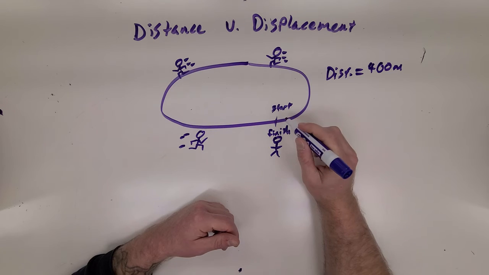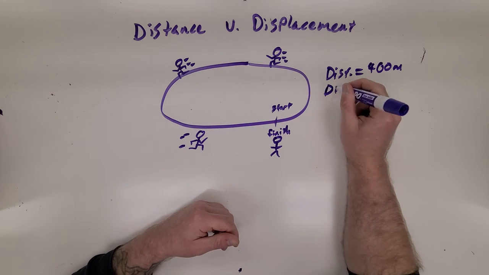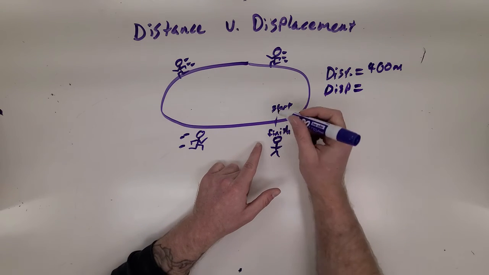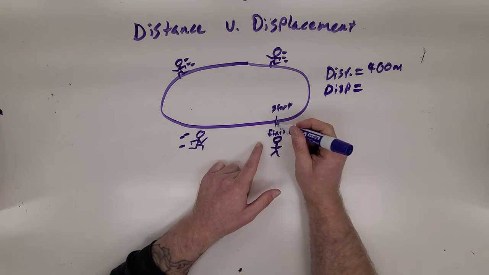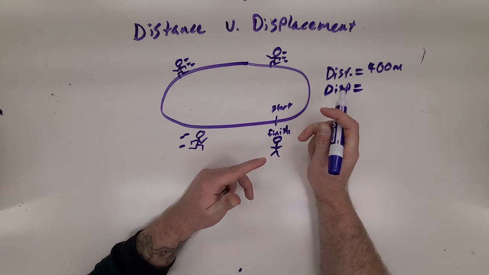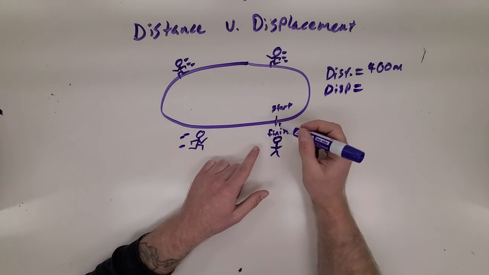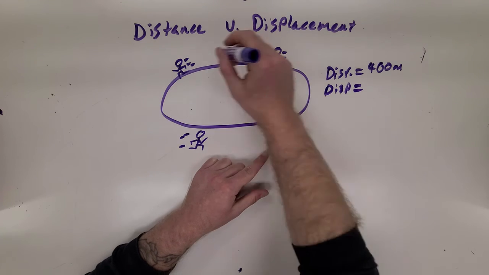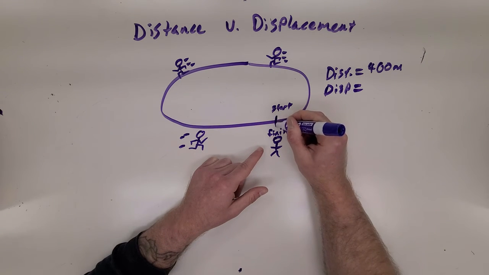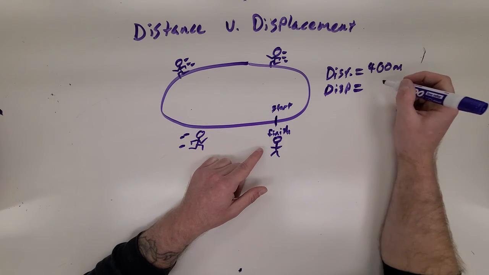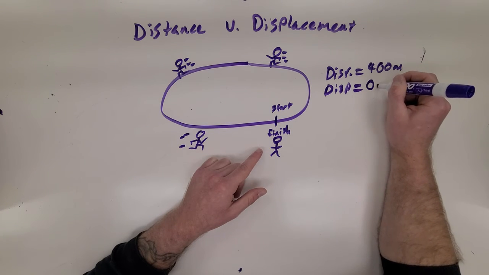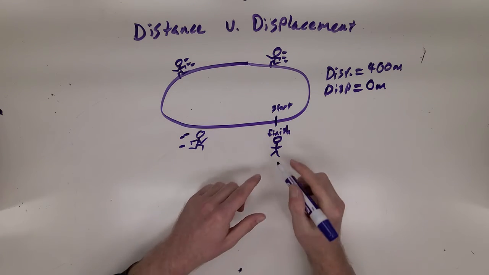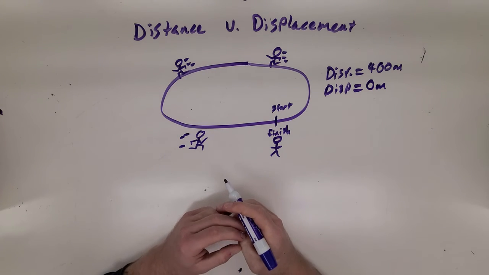His displacement is going to be the change in their original starting position, and since they all start at the starting line and finish at that starting line again, their displacement, even after running that 400 meters, would still be 0, because they started and finished at the same spot. That is, there was no movement from that person's original starting position.